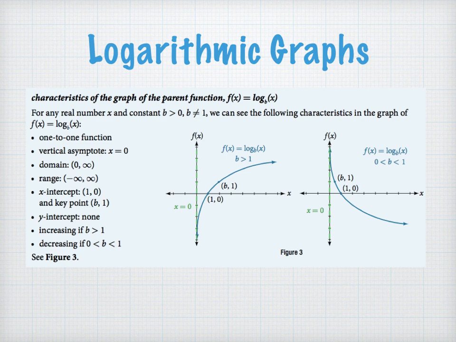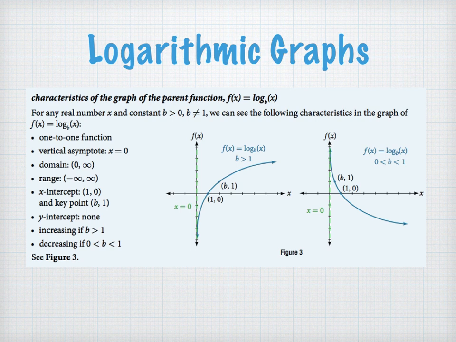And again, keep in mind, I won't have you graph these, but I will have you look at a graph and state the function. So for any real number x, the constant b greater than 0, b not equal to 1, we can see the following characteristics of the graph f of x equals log base b of x. They're a one-to-one function, meaning they have an inverse, and that inverse is going to be an exponential function.